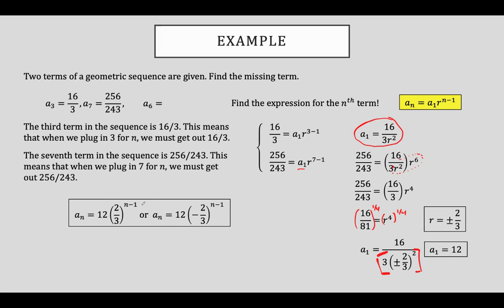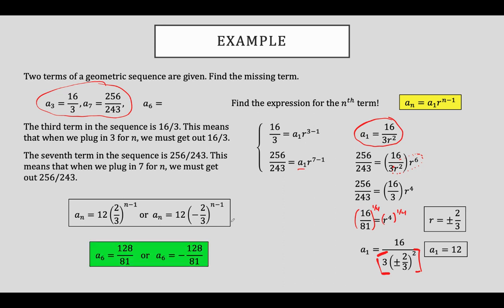So there are two expressions for the nth term that satisfy both of these given pieces of information. Now that we have our expressions for the nth term, we need to find the sixth term. How do we find the sixth term? We plug in 6 for n, into each one of these equations.